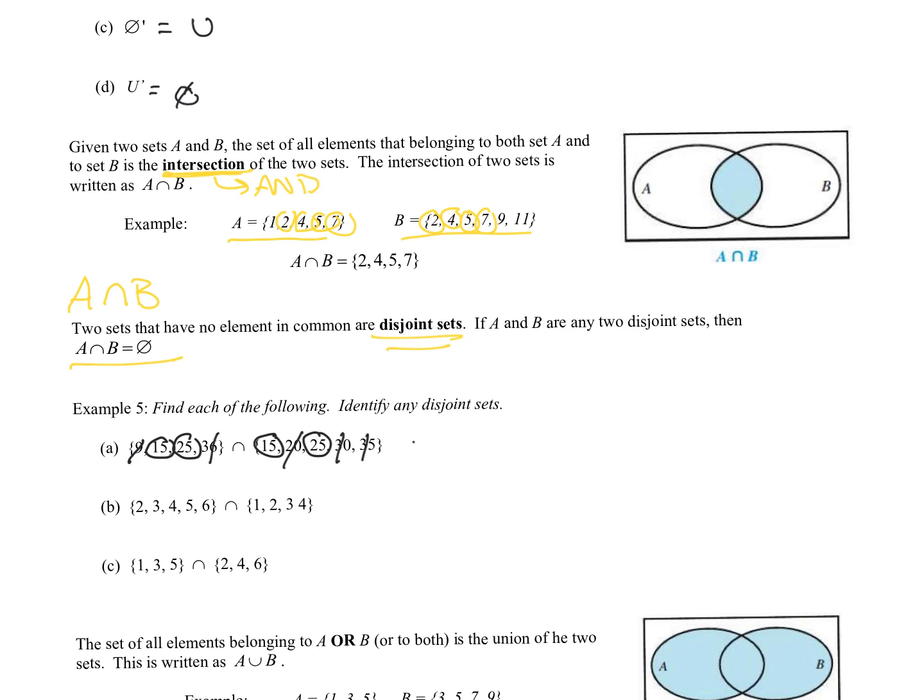So the intersection of these two sets is 15, 25. On the next one, not a 1, but 2, 3, 4, not 5 and 6. So their intersection is 2, 3, and 4.